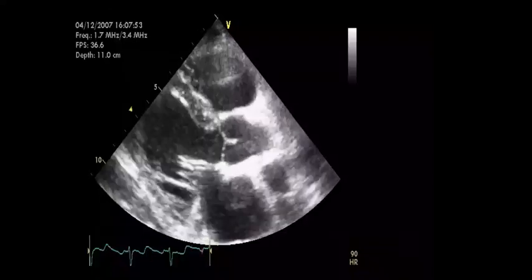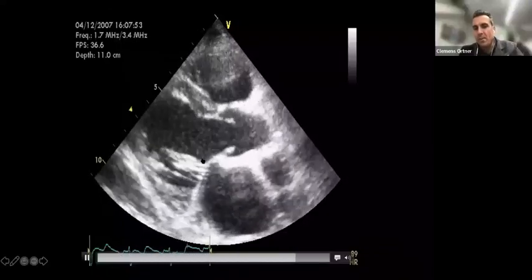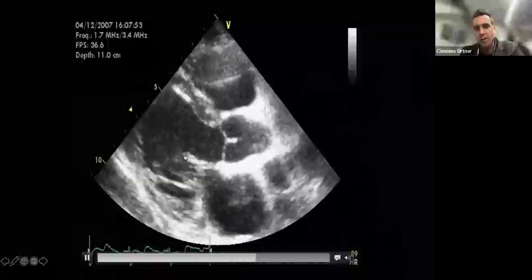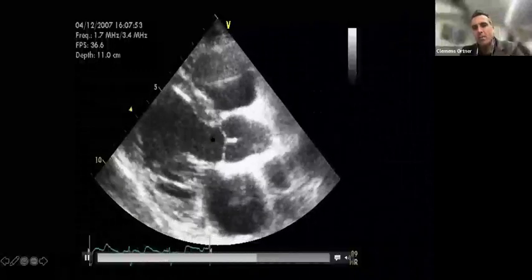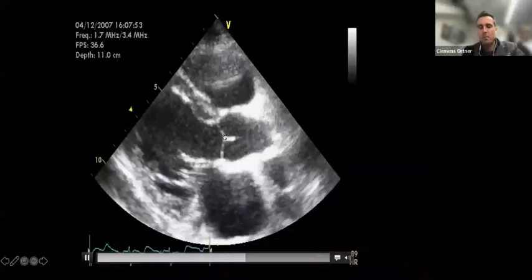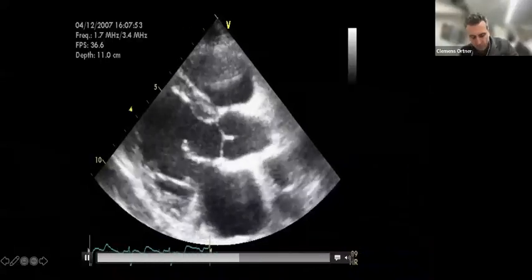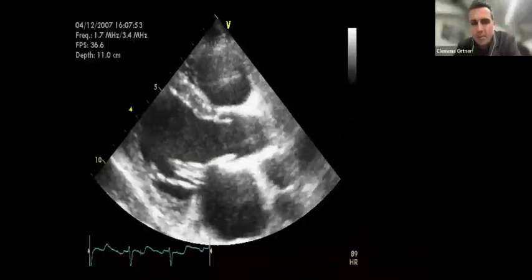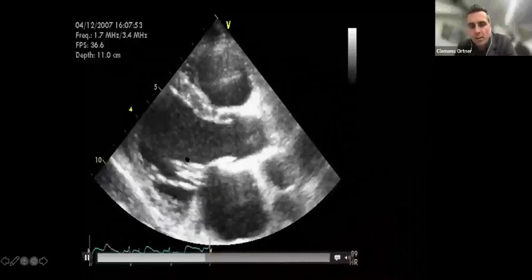towards the LVOT. So in systole, the anterior leaflet is bouncing more or less into the LVOT and is causing a resistance. I would not say that here, but your guess was still very good.